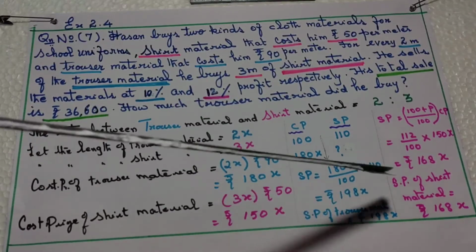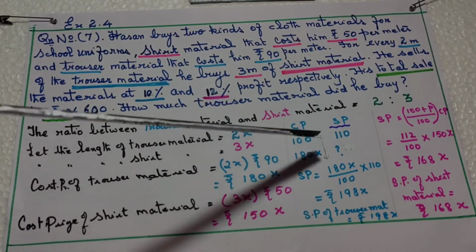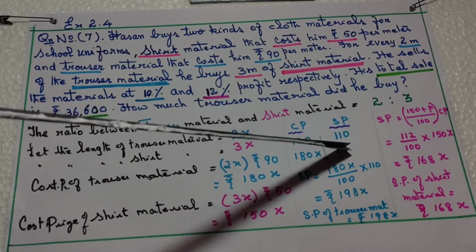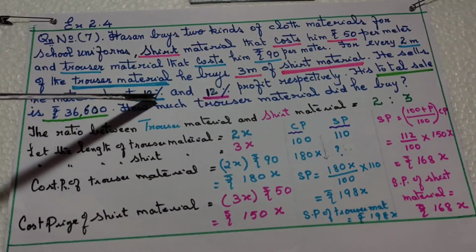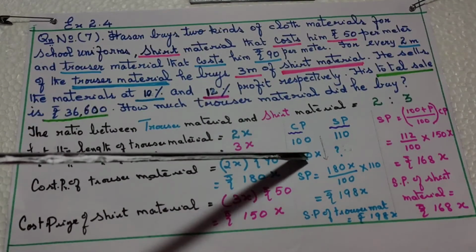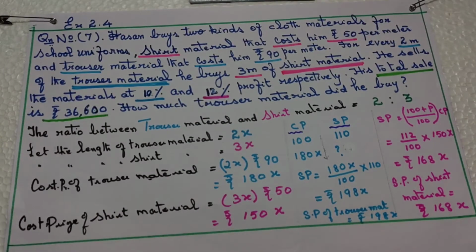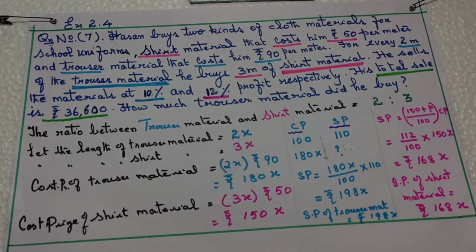Selling price of trouser material. If the cost price is 100, then the selling price is 110. How? CP plus profit. So CP is 100, profit is 10%, gives you the selling price 110. So what will be the selling price if the cost price is 180x?